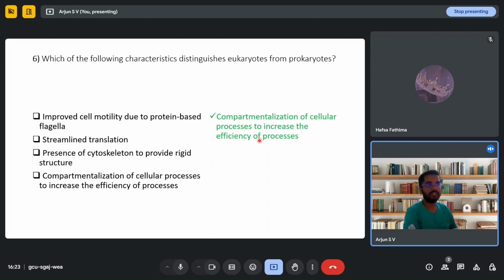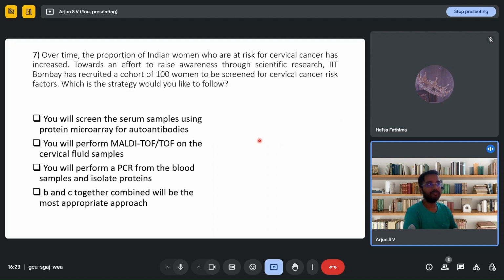I'll go on to the next question. Over time, the proportion of Indian women who are at risk for cervical cancer has increased. In an effort to raise awareness through scientific research, IIT Bombay has recruited a cohort of 100 women to be screened for cervical cancer risk factors. Which strategy would you like to follow? So, once again, the keyword here is 100 women.